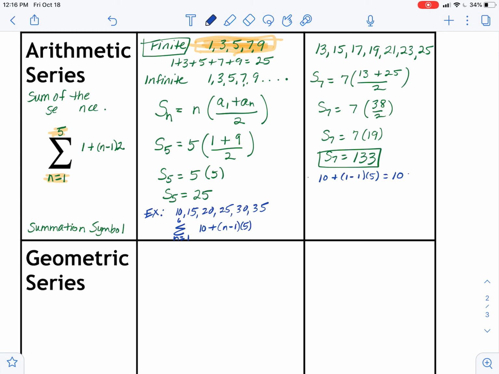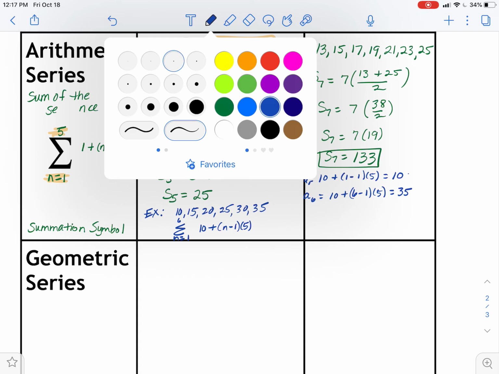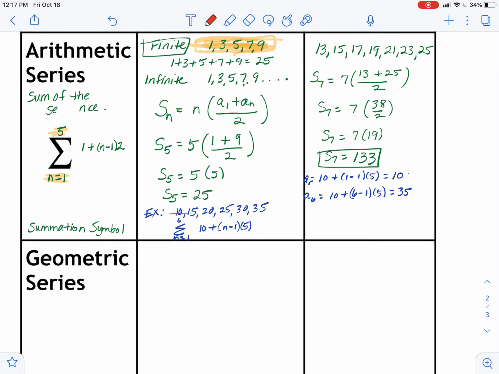So that's my A1. And then I would put in A6, so 10 plus 6 minus 1 times 5. So 6 minus 1 is 5, 5 times 5 is 25, 25 plus 10 is 35. So do you see where I'm telling you you're not going to be given this sequence, okay? I just put it there so you would see what I was working with, okay? So you would not be given this, okay? I'm just showing you because I had to mentally do that to get your problem.